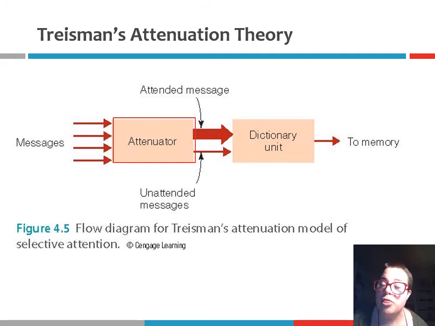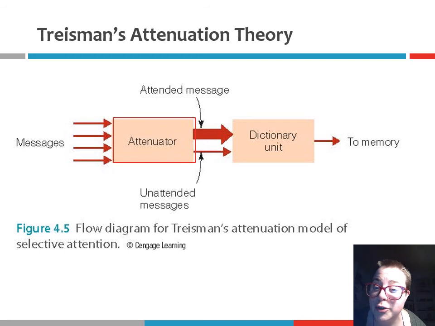A threshold is the smallest signal strength at which a particular word can be detected by the attentional system. Therefore, a word with a low threshold would be detected very easily, even when it's being presented softly or even when it's obscured by other words.